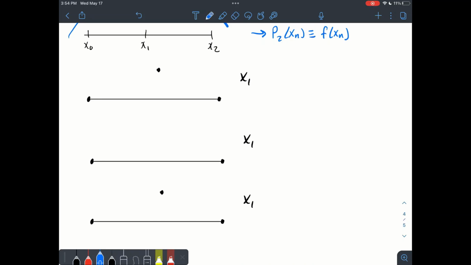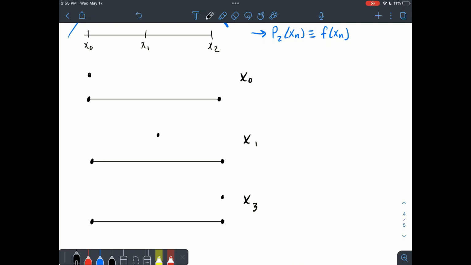Sorry about that. So this is going to be our x0, our x1, and our x2 polynomial.